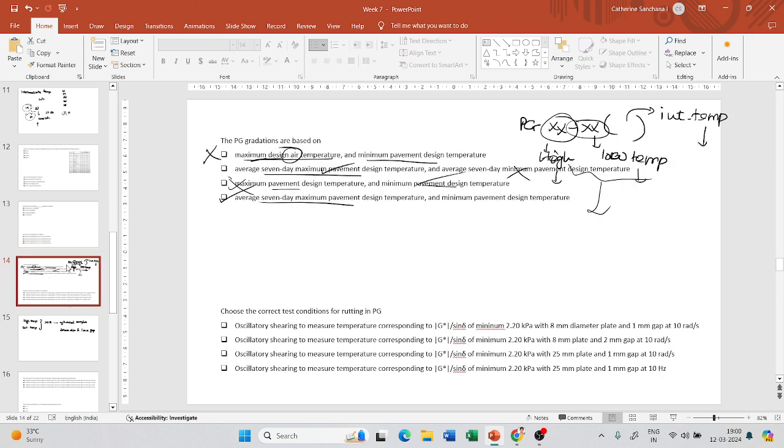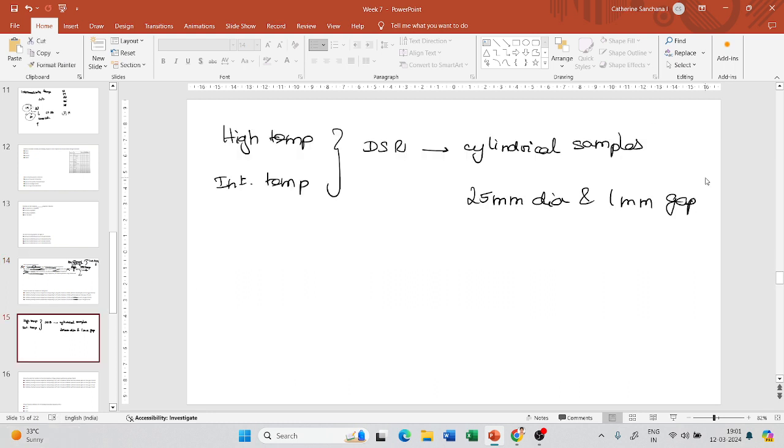So if you see here, these are the two options which could probably be correct, but out of these two, which one is the correct value? So we should see what the criteria is, right? The criteria is G star by sine delta. We will see why G star by sine delta and G star into sine delta in a few slides.